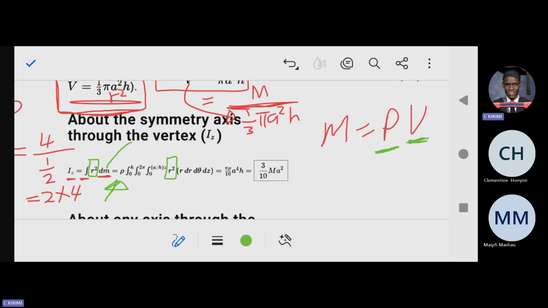That is the volume element. So r, which means if it's a cone, it's of radius r, like this. So theta, remember this is the theta which you are referring to. Theta is ranging from what to what?